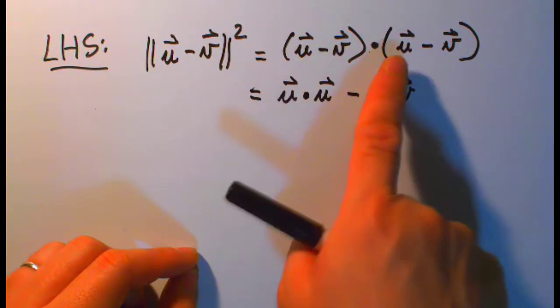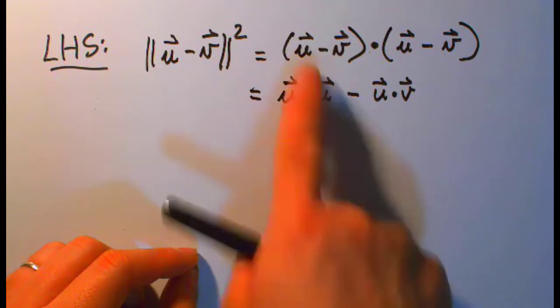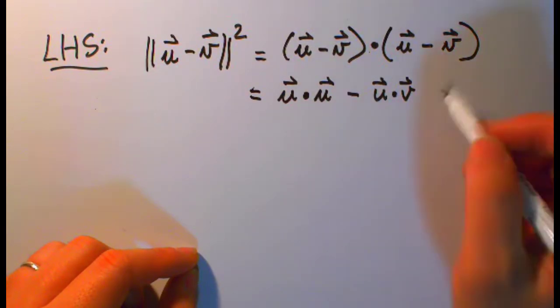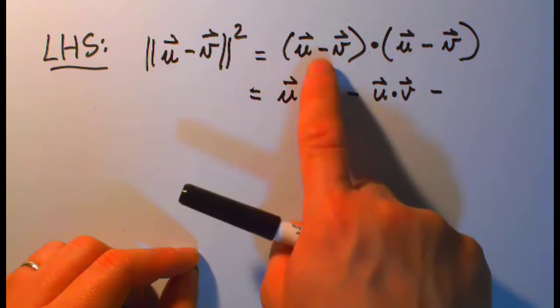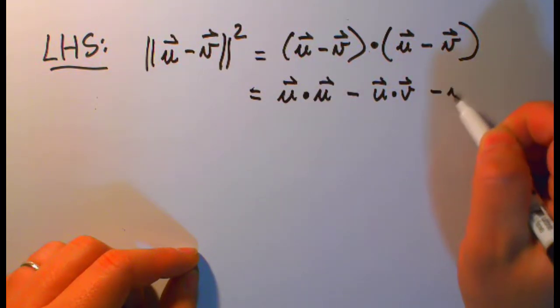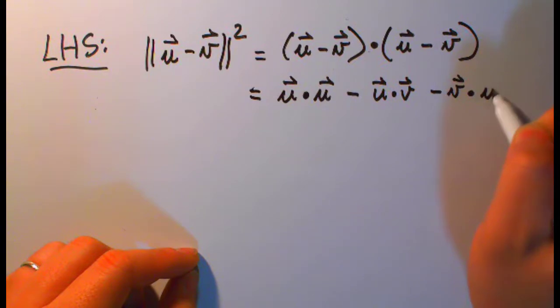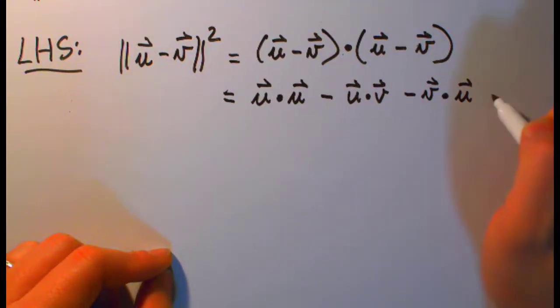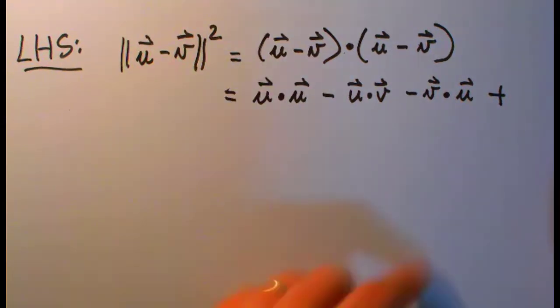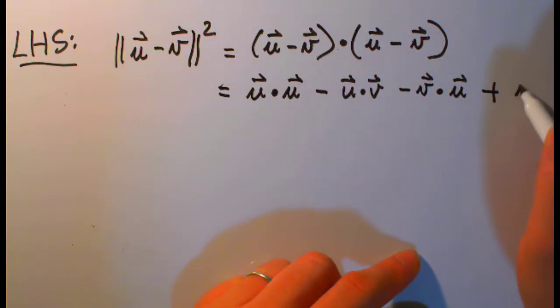So u dot u, minus u dot v, and then the next one here is going to be v dot u, but with the minus sign, minus v dot u, and then plus v dot v.